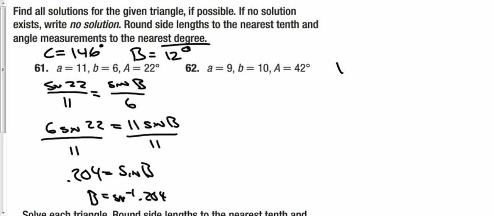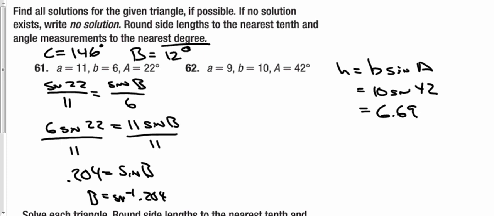So we know that H is going to be equal to B sine of A, which is going to be 10 sine 42, and that's going to equal 6.7. Okay, so that means A is bigger than H, which means we are going to have two solutions. So my first solution is going to look like this.